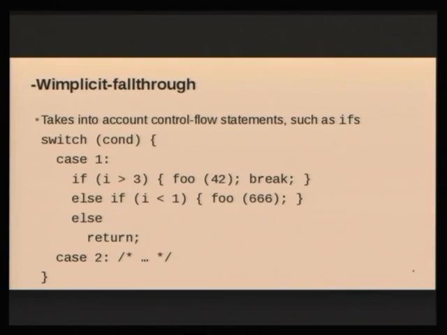So it would say that it can fall through from this point down to case 2. So it should be quite clever. On the other hand, there are some things that are really hard to handle. Sometimes it's hard to gauge whether a loop can terminate or not, because this is all compile-time stuff. So it's not foolproof.